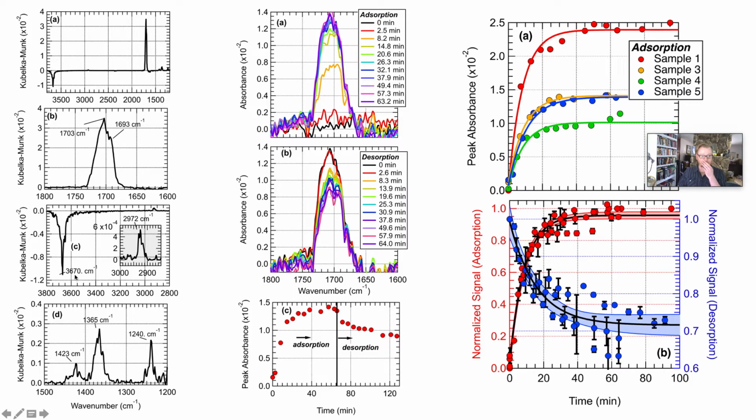That negative peak right here, 3670, corresponds to a hydroxide stretch. This peak right here at 1703 corresponds to a carbonyl stretch. So as our gas flowed over the surface, it displaced some adsorbed atmospheric water. The hydroxide stretch was displaced, and what resulted was a carbonyl stretch.